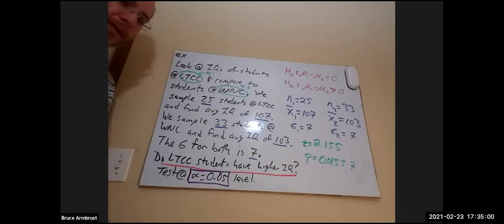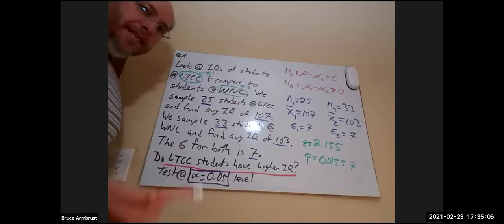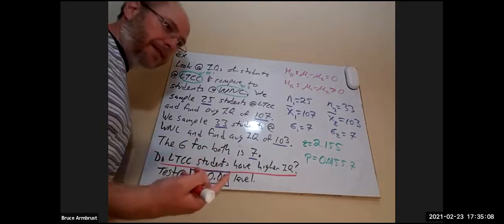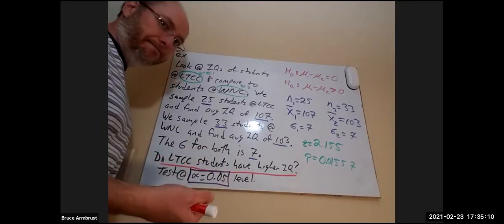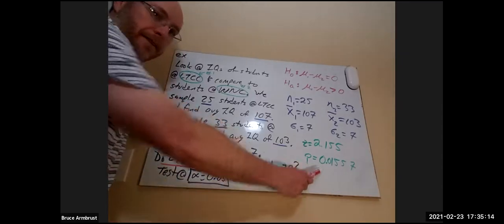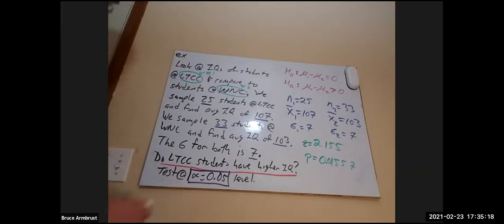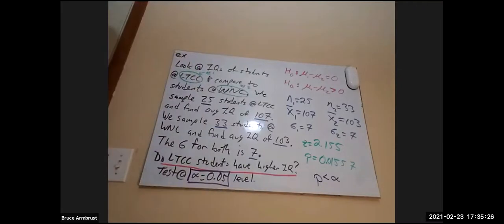Okay, well, what does this actually tell us then? So we look at the p-score. We're going to do the same thing with the p-score that we did for the one sample. We're going to compare that to alpha. So how does this compare to alpha? We come back and look at what we wanted our alpha to be, which was 0.05. And so we've got that p is less than alpha.